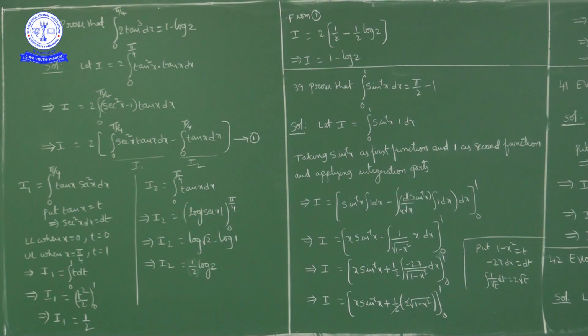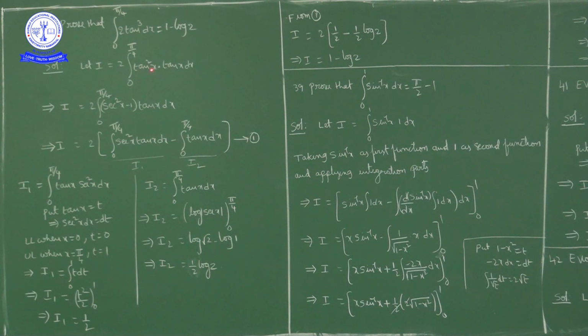Here, first of all, I will consider this as I. Left hand side, I is equal to 2, the constant I will write outside, integral 0 to pi by 4 of tan cube x. I will write tan cube x as tan square x into tan x. Further, tan square x I will write as secant square x minus 1.